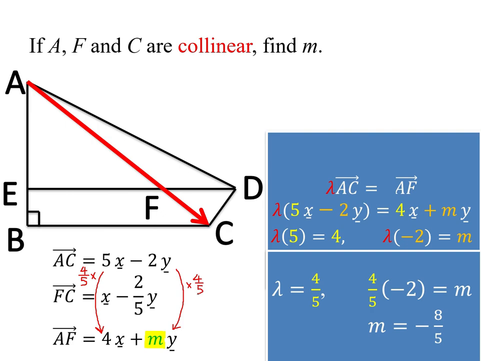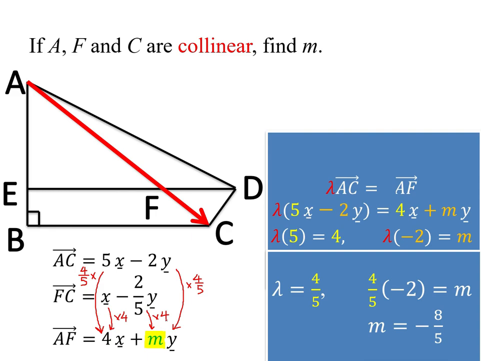If you want to directly compare FC and AF, that also can. This one is a bit easier. Why? Because the value is 1. And you know that from 1 you go to 4, you just have to times 4. Right? So with that, we know that negative 2 over 5, if you times 4, you will get your m, which gives you negative 8 over 5.